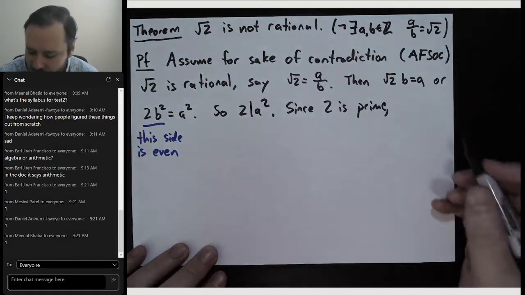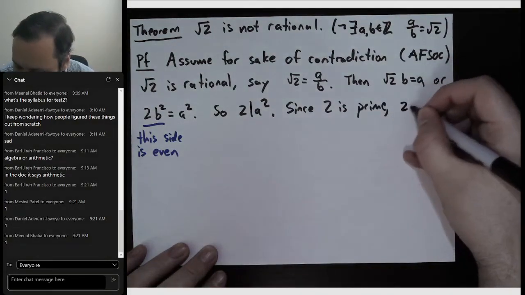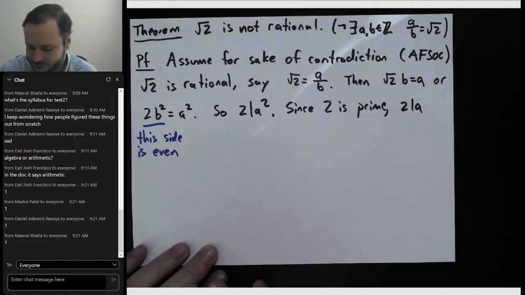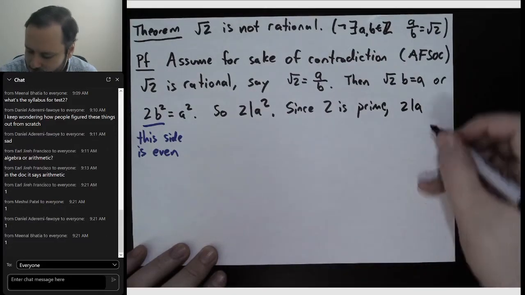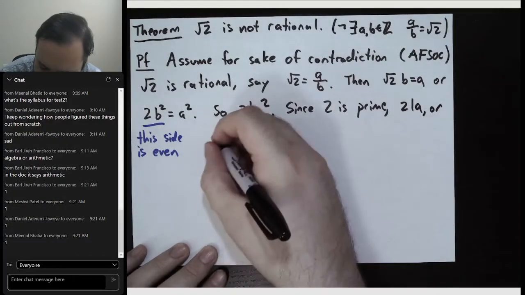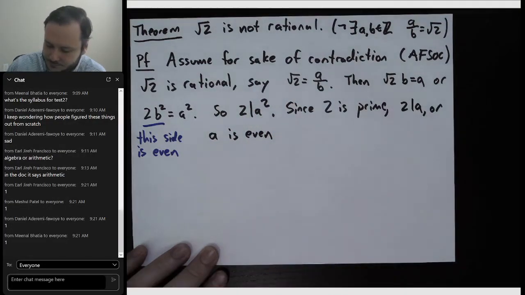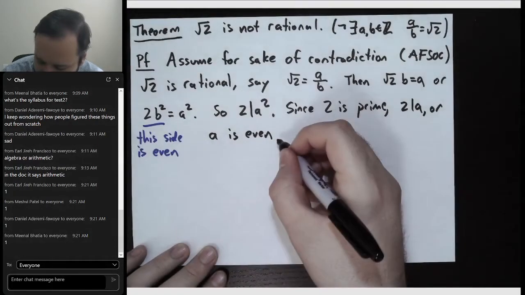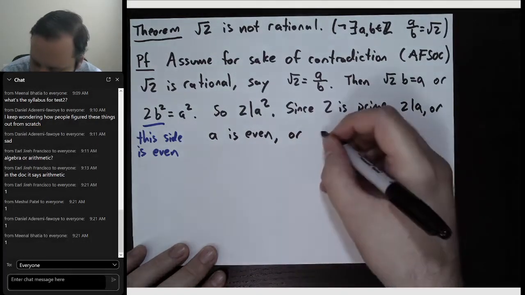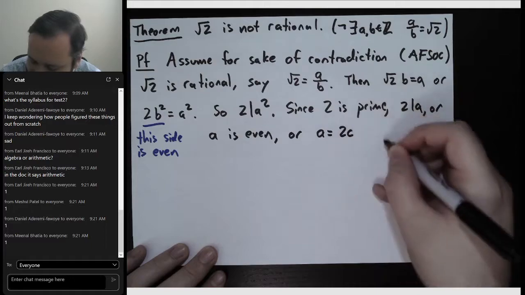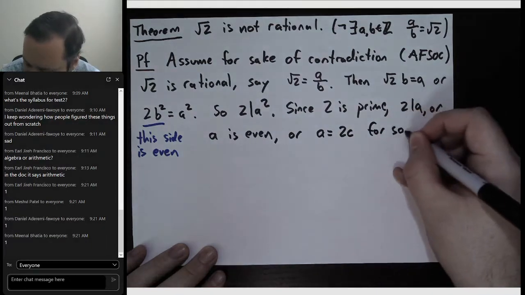But of course, that's the same thing. So since 2 is prime, 2 divides a, or a is even. Or in other words, a is equal to 2 times c for some integer c.